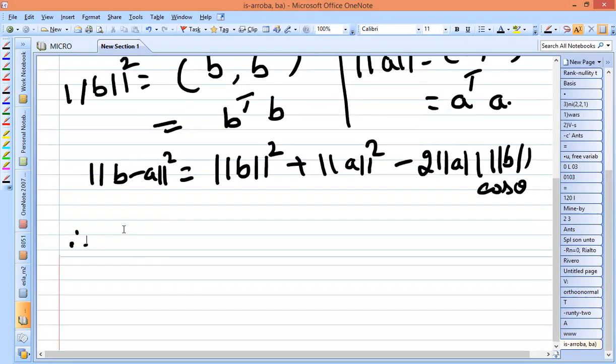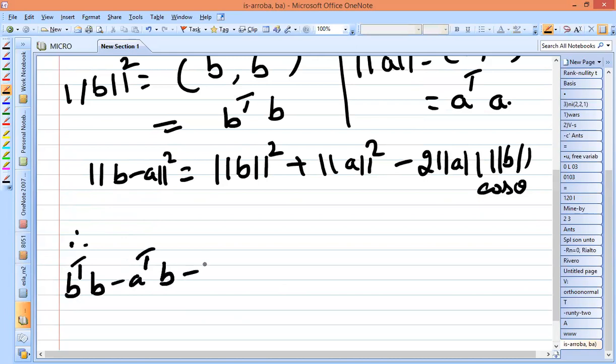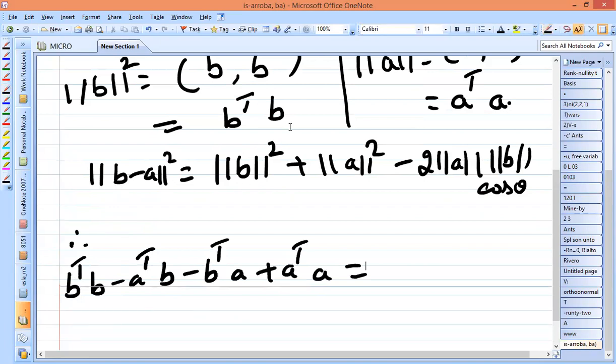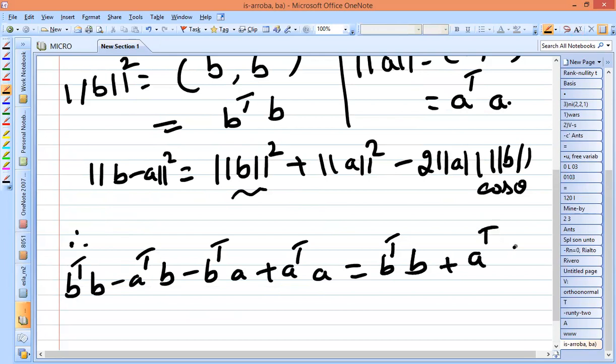Here we are going to substitute on the LHS. Replace (B minus A) whole square by B transpose B minus A transpose B minus B transpose A plus A transpose A, which is equal to, as we have seen, magnitude of B square is B transpose B. On the RHS we replace B square by B transpose B, and A square by A transpose A, minus 2 A B cos theta.